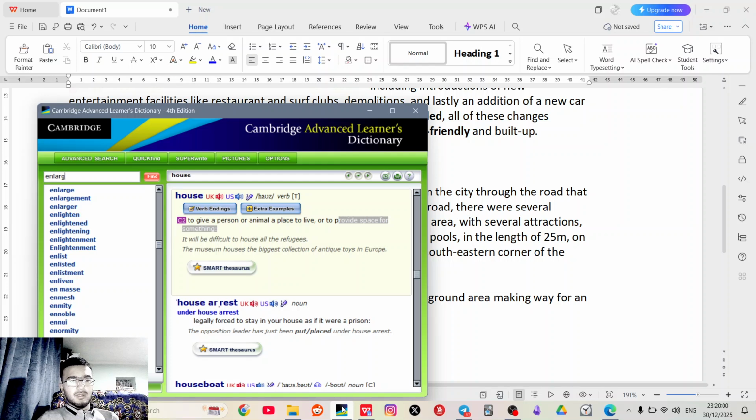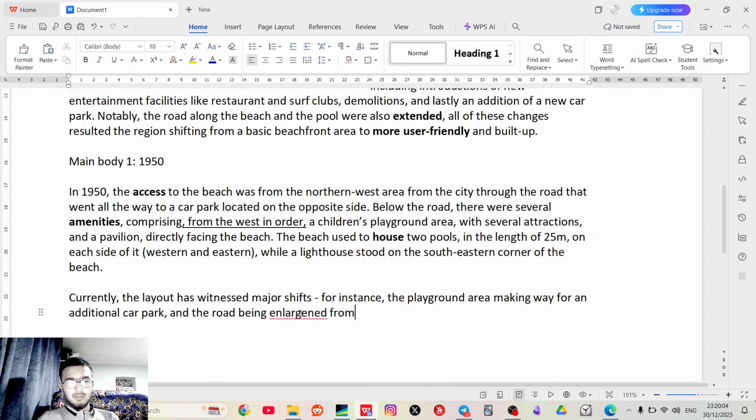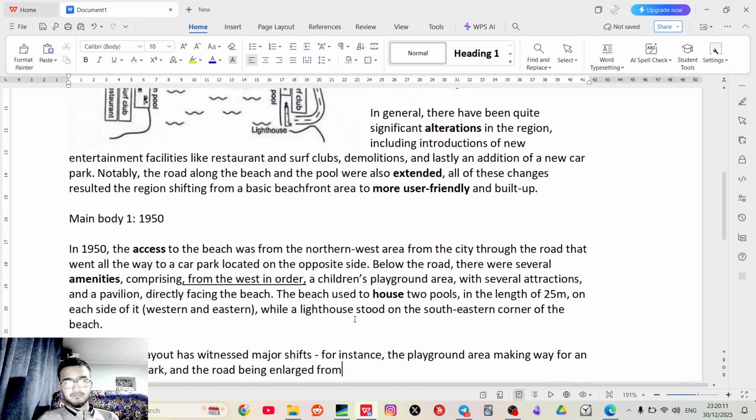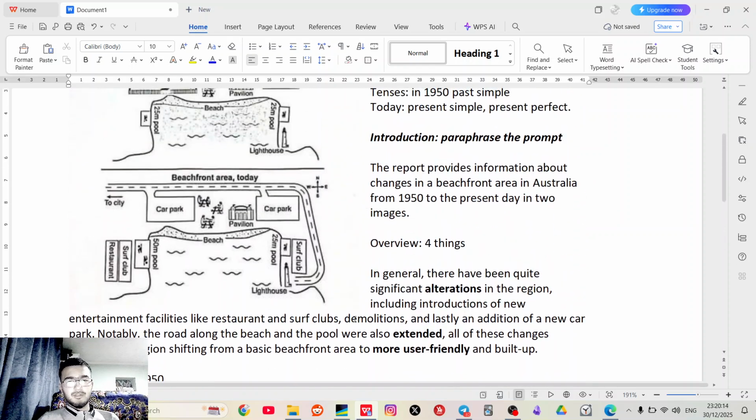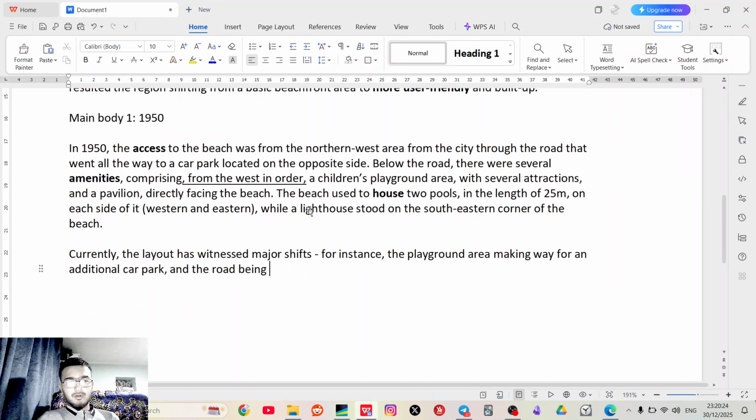So the road running further from the north to the east on the left side of the beach till the lighthouse.